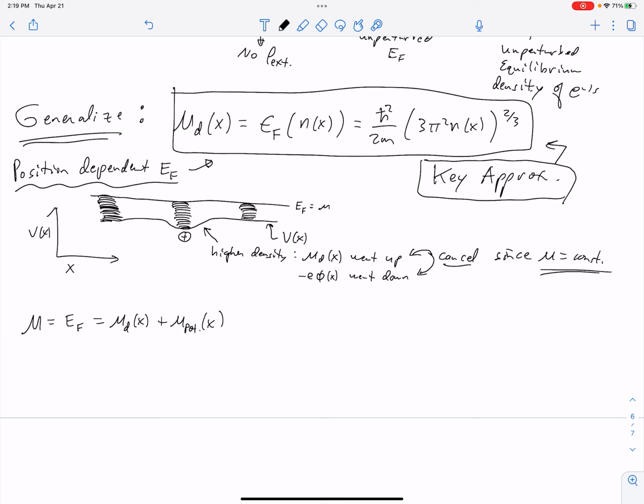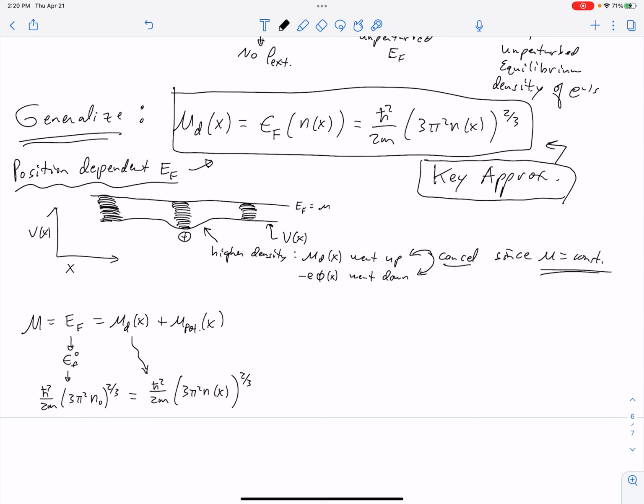And so I can say that this is equal to E F naught, which is h bar squared over 2m times (3 pi squared n naught) to the 2/3, but it has to equal the density part here, which is h bar squared over 2m times (3 pi squared n of x) to the 2/3.